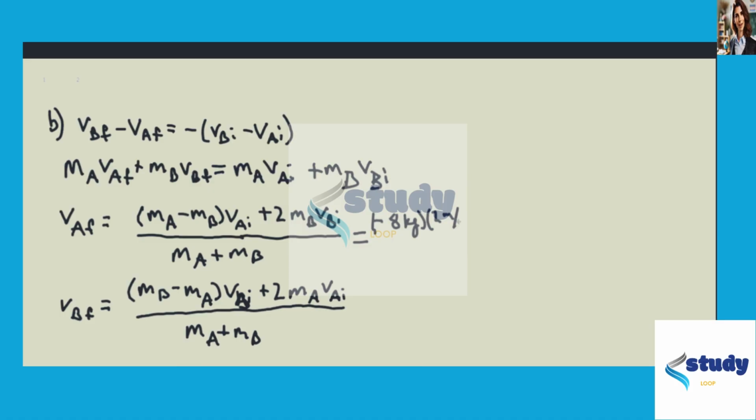And now VBI is negative, so I need this minus sign here. And its mass is 10, so let's just call that 20 because we're multiplying it by 2 anyway. And that's a half meter per second.